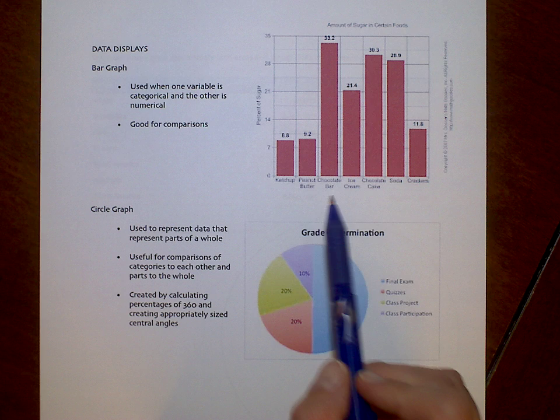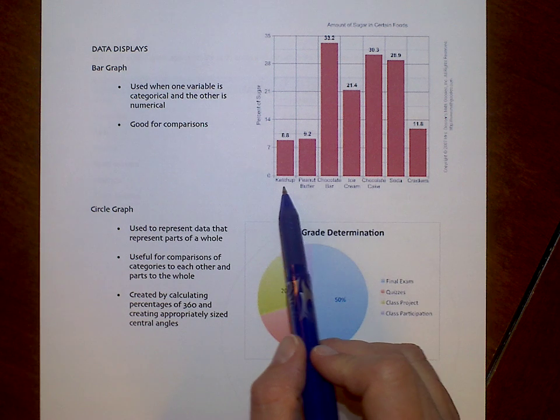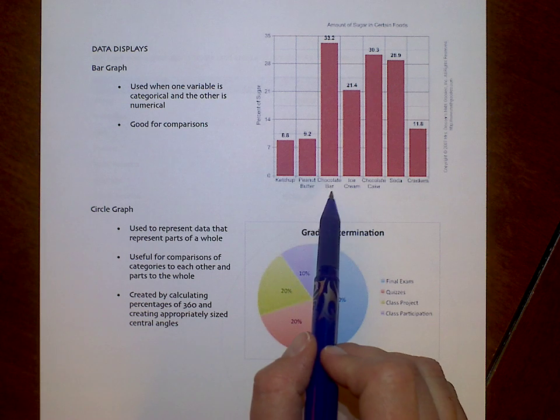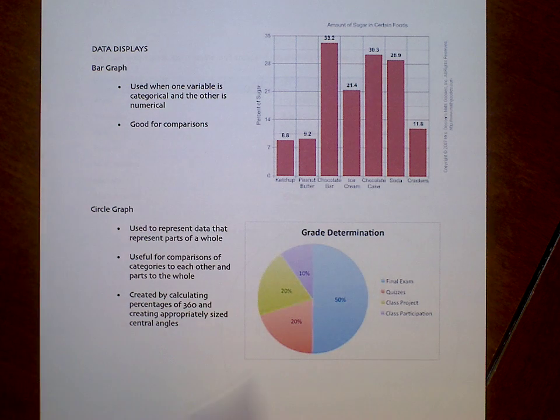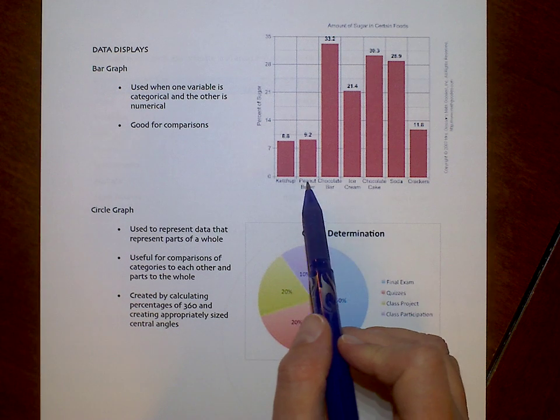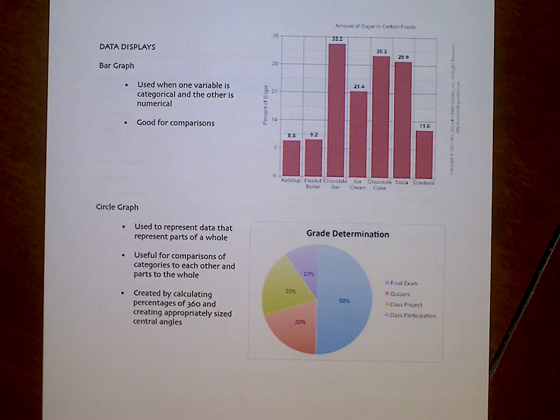And that's not a word that you have to know, but categorical means that it's not necessarily numbers. So like down here, we've got ketchup, peanut butter, chocolate bar. Honestly, I don't know. Oh, this is amount of sugar in certain foods. So bar graphs work well when one of your variables is not numbers. You can divide things into categories using a bar graph.